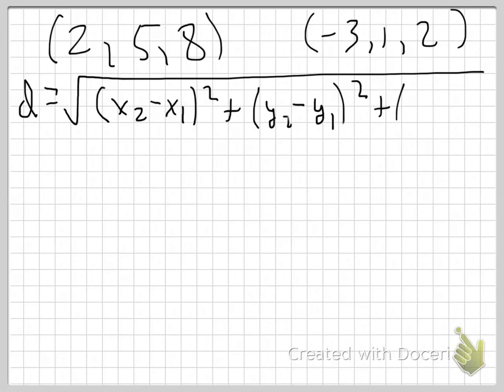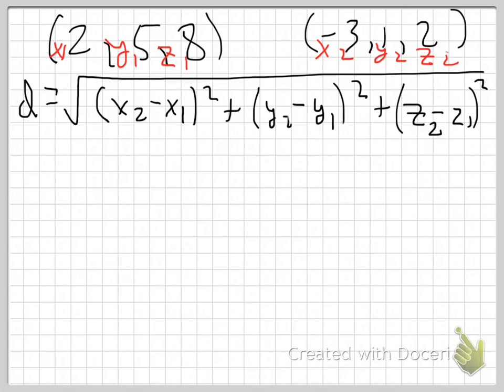And then we're going to subtract the z's. Nothing fancy in there. Okay, so if you want different colors, I know people love colors, x1, y1, z1, x2, y2, z2.